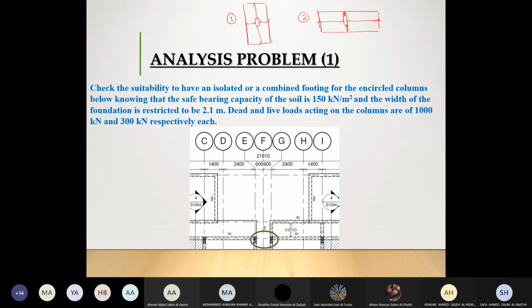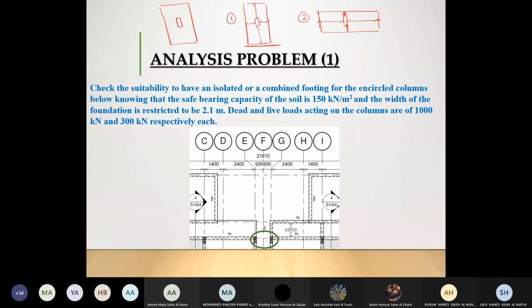Okay. Now, what I understood now, this is going to be the arrangement to be used. And you are telling me that the width is restricted to 2.1 meter.